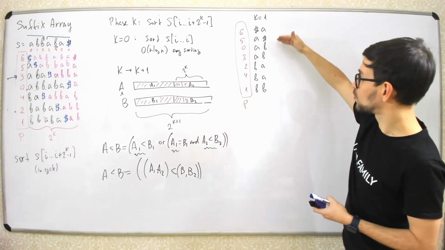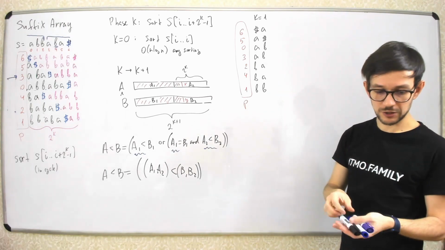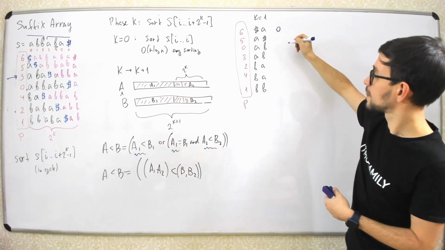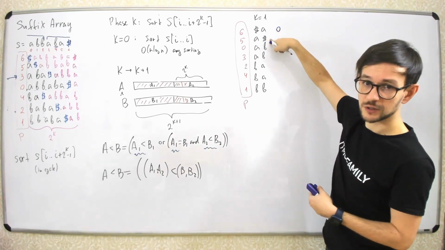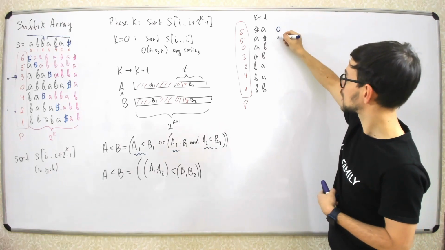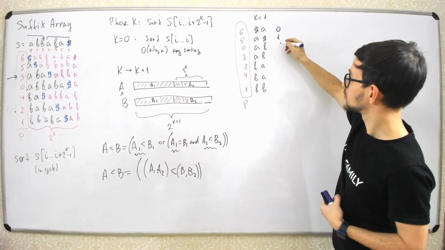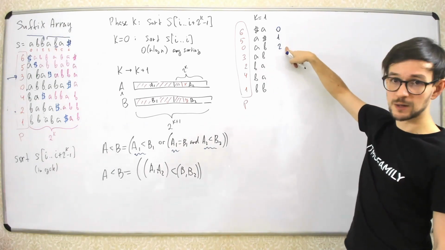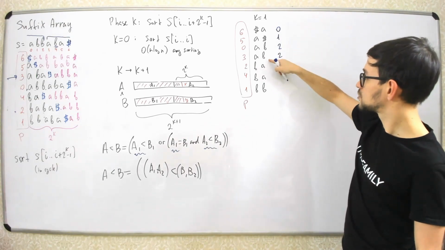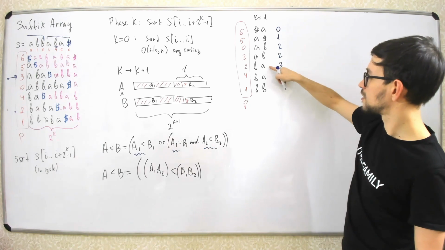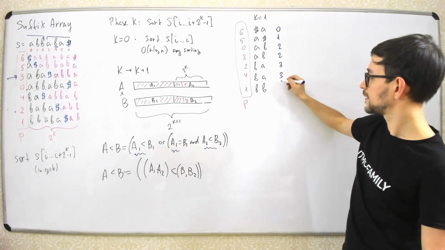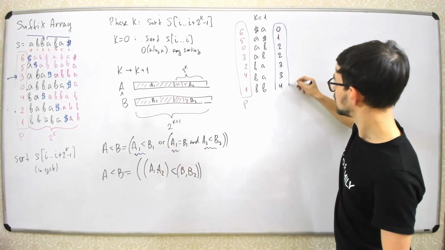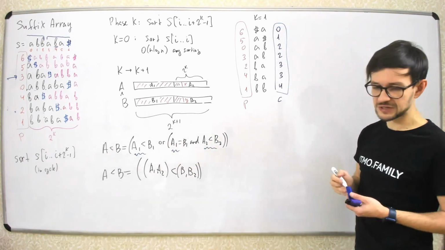So we just go from top to bottom and assign the numbers from 0. We assign number 0 to the first string. These strings are different, so we assign the next number, 1. These strings are different, so we assign number 2. These strings are equal, so we assign the same number. These strings are different, so we assign the next number. These strings are equal, so we assign number 3. These strings are different, so we assign number 4. So we'll build this array C.